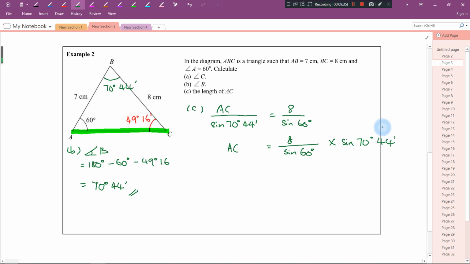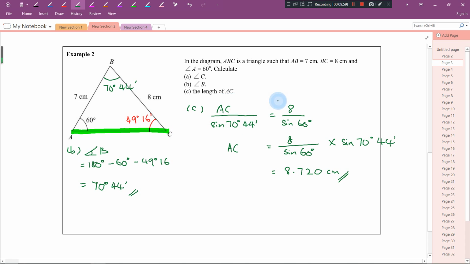Let me press the calculator. You should be able to get 8.720 centimeters. So that is how we solve this type of question.